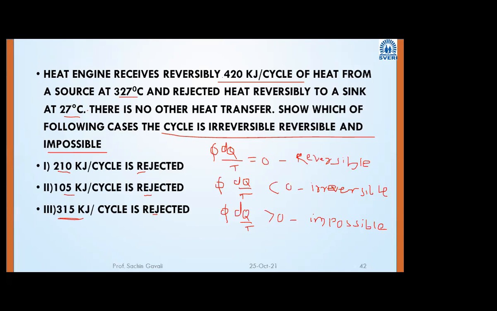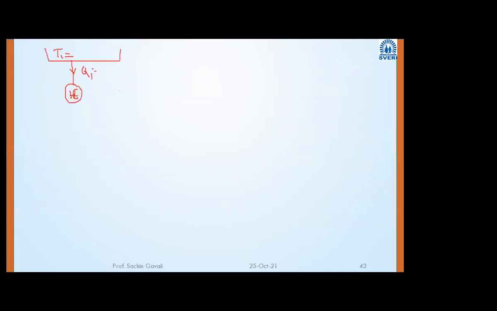It is receiving that Q1 from a source at temperature T1. T1 is the source temperature and is equal to, somebody can help me, what is the source temperature? We have to go back. If somebody helps me, then it will save our time. The heat engine receives 600. Okay, how much is it? 600 degrees Celsius, correct, or Kelvin? Kelvin. Directly it is given as Kelvin.